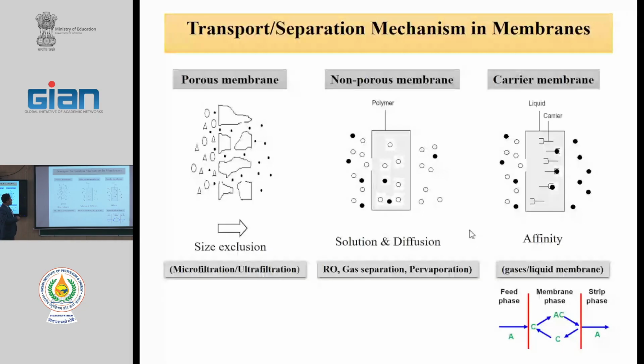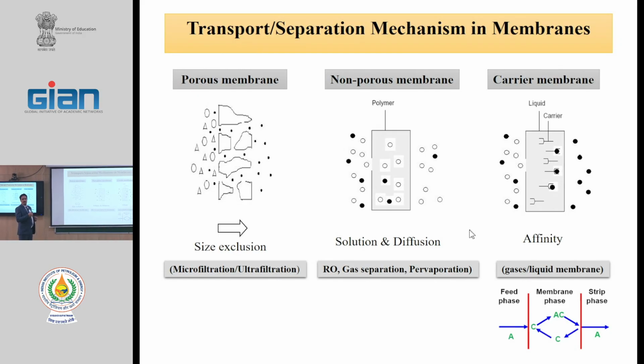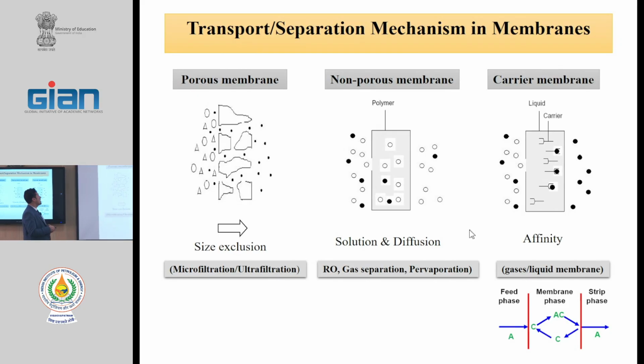For example, size exclusion, adsorption, and charge retention. But generally, in porous membranes, we have a size exclusion mechanism, also called the molecular sieve mechanism.